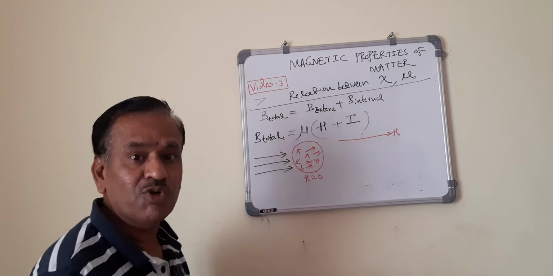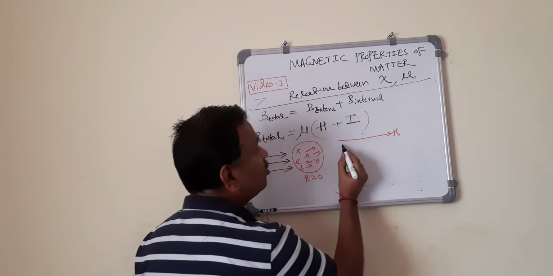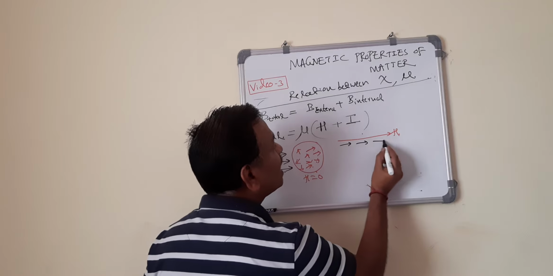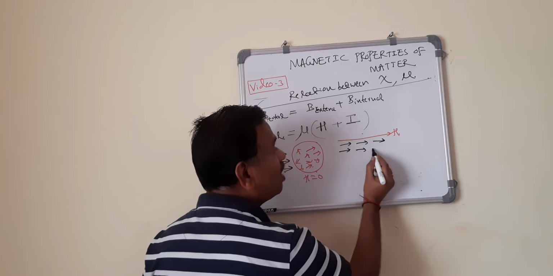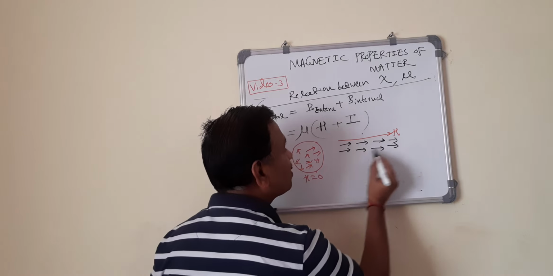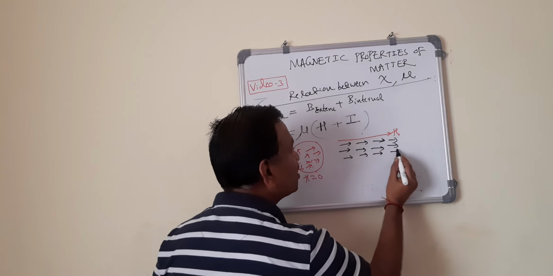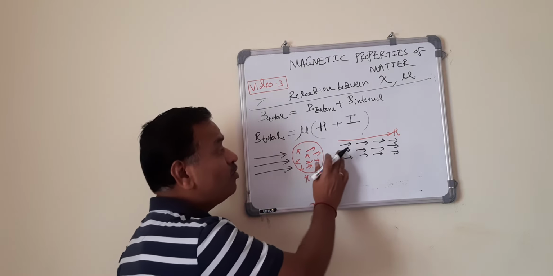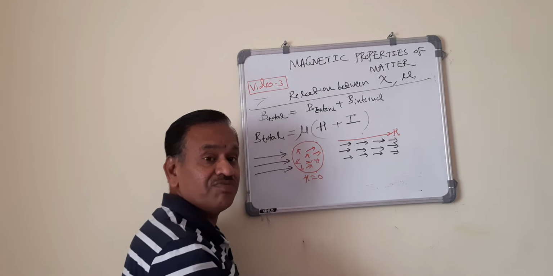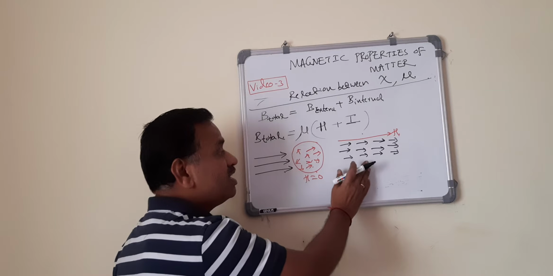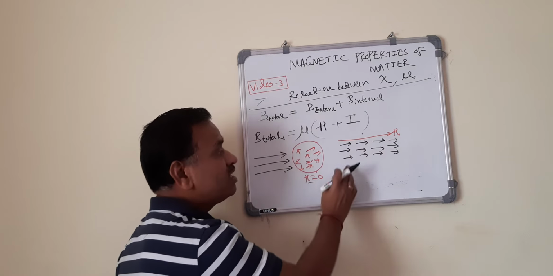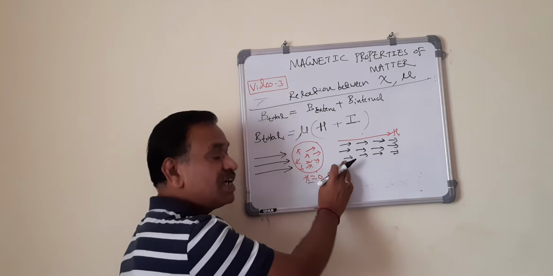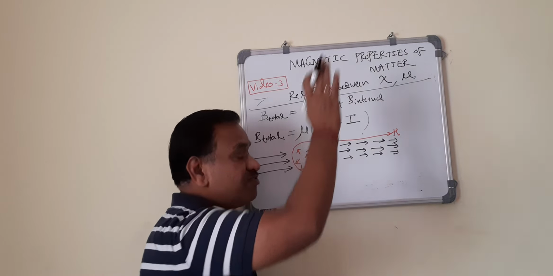All these dipoles will orient with respect to the applied magnetic field. Don't think that all the dipoles will be oriented in this direction at a time. If the field is stronger, then definitely they will align in the direction of the applied magnetic field.